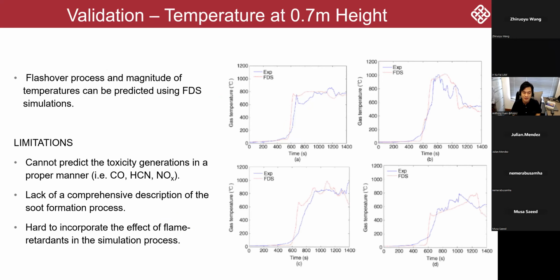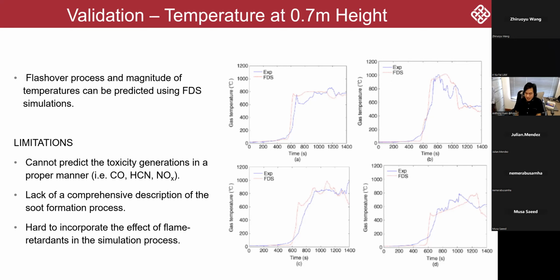But I think the main limitation is, like I said, we cannot predict the toxicity generation. For example, the carbon monoxide, the hydrogen cyanide, the NOx products. I think these are the main issues that make us want to look into how we can fully characterize this toxicity, because we know inhalation of smoke and toxicity is a major killer in the fire scenario.